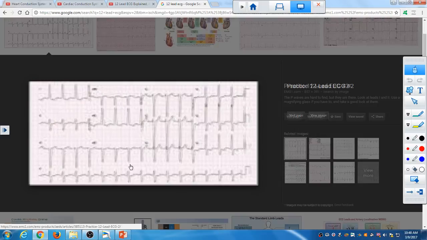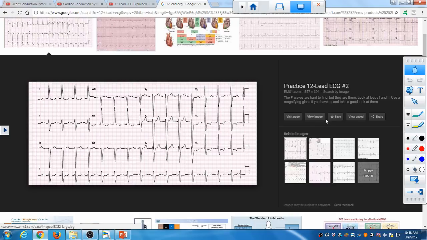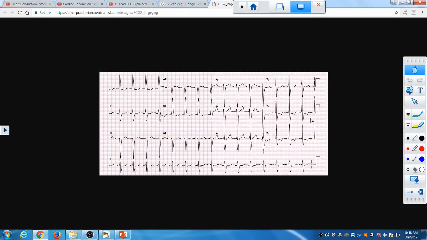When you look at this picture, you have lead 1, 2, 3, AVR, AVL, AVF, V1, V2, V3, V4, V5, V6.